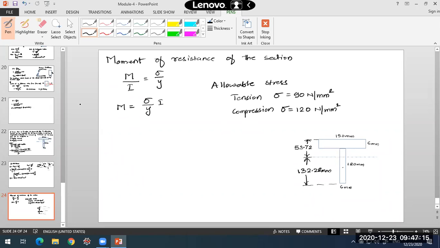So you have y max here as 132.28 mm. We will consider the extreme most fiber. Extreme most fiber, it may be top or bottom, it may be coming on any of the sides. So if I use this and find the moment of resistance, considering both the stresses, tension and compression.